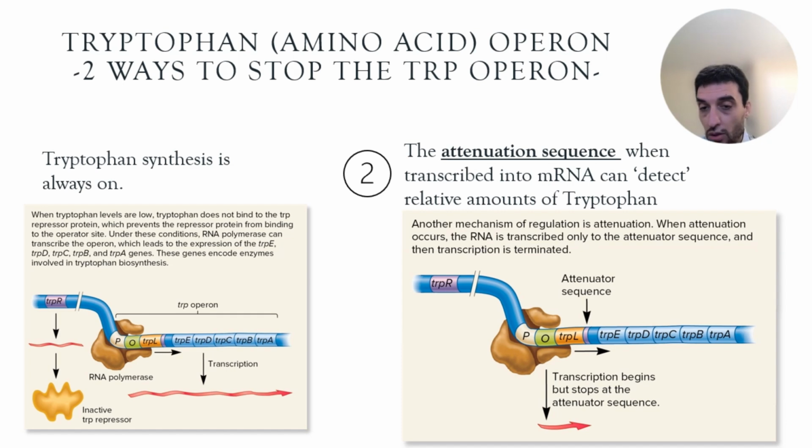If there's too much, this beginning of the mRNA is going to be folded in a way that's not going to allow further production downstream. If there is not too much, it's going to fold in another way that's going to allow the gene expression of all the other genes downstream.